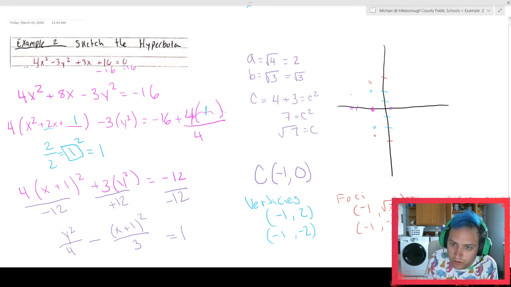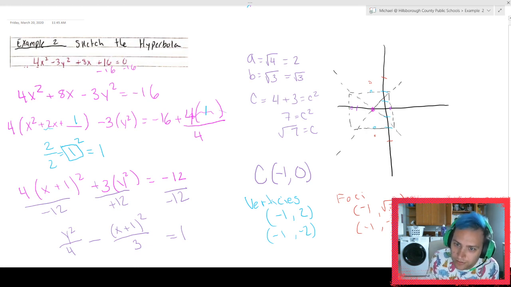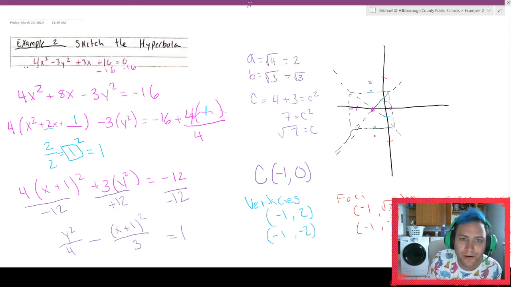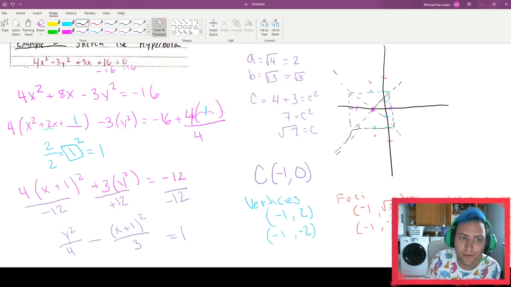So if I were to turn that into a square with the vertices, you can see that little square that's created there. If I connect the corners of that square through the center, that kind of lines you up for what your hyperbola is supposed to look like.